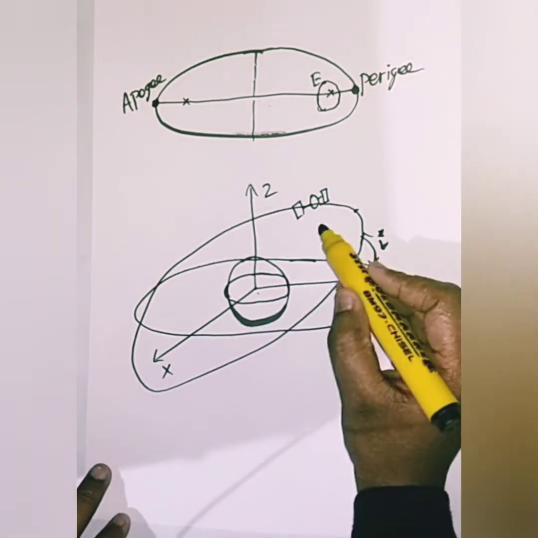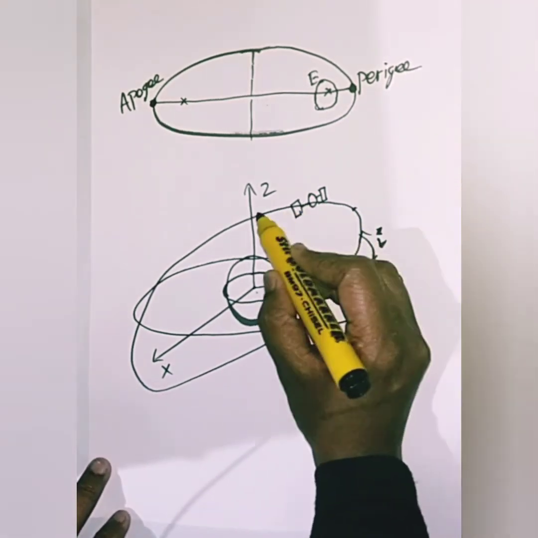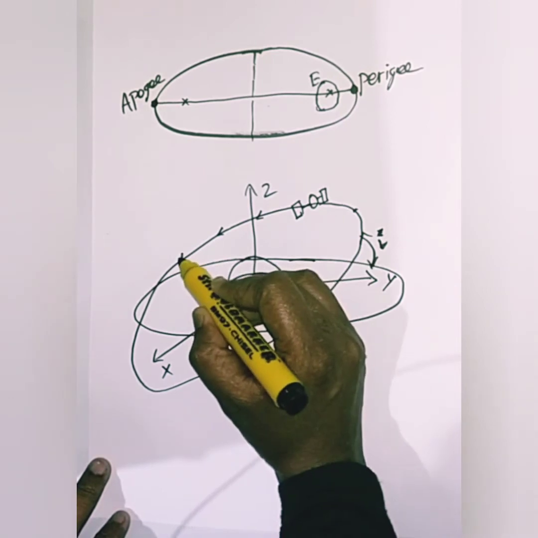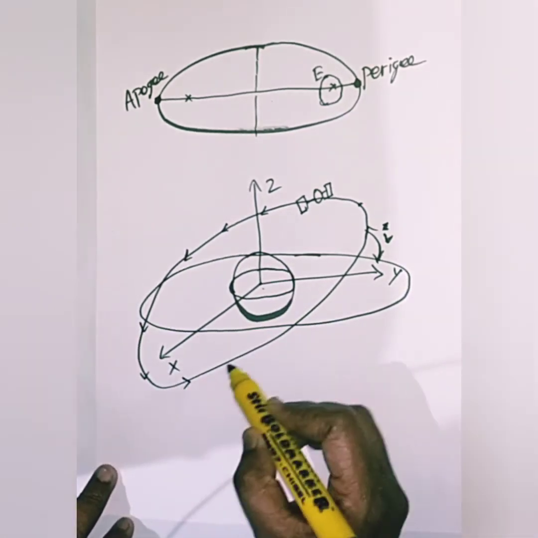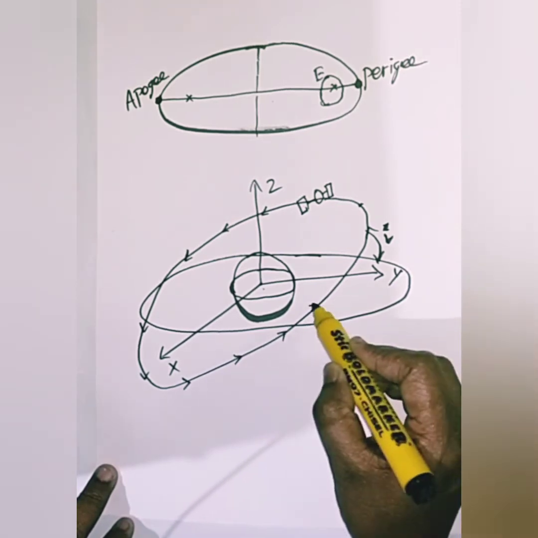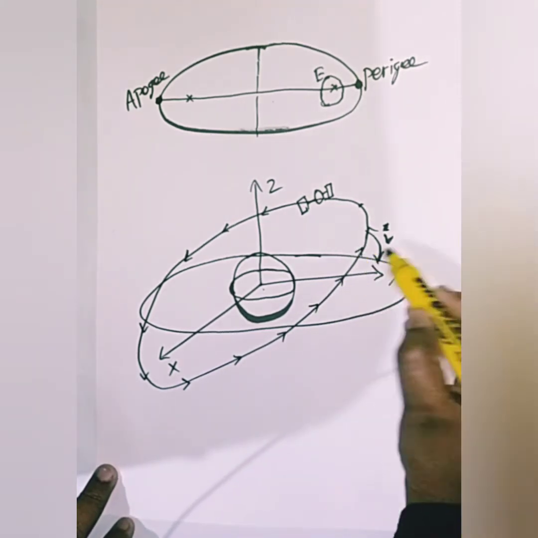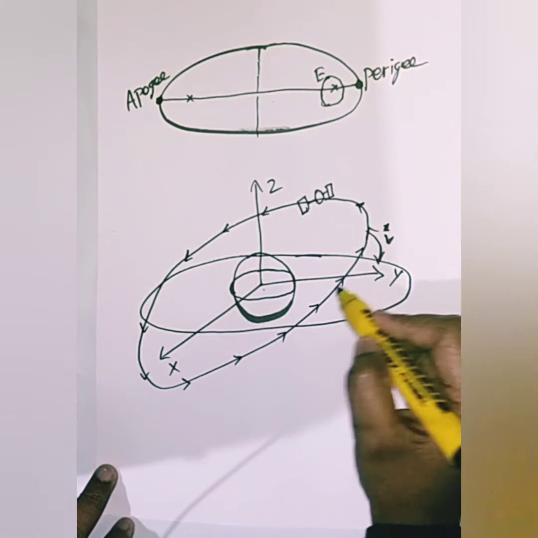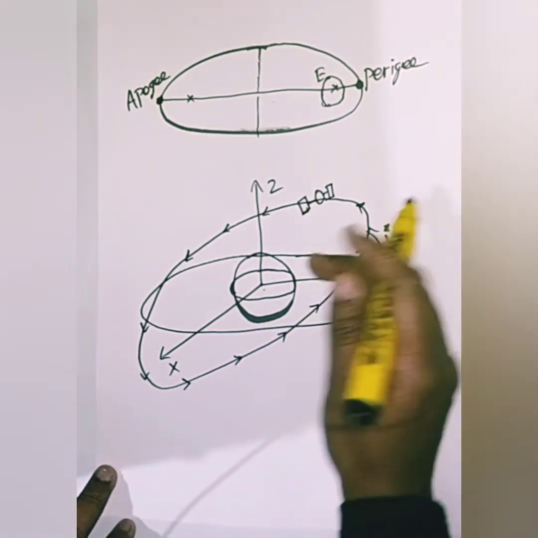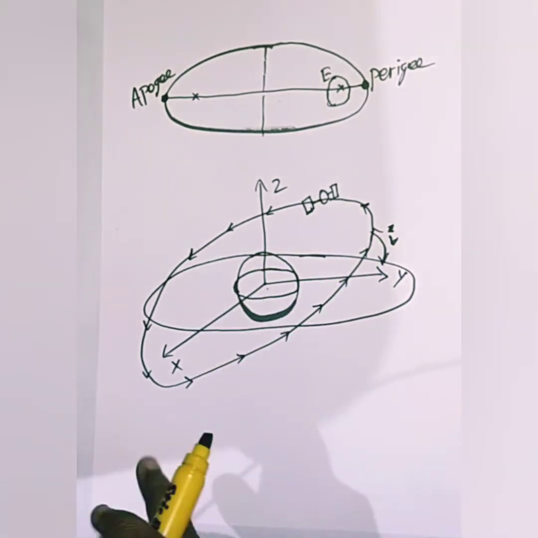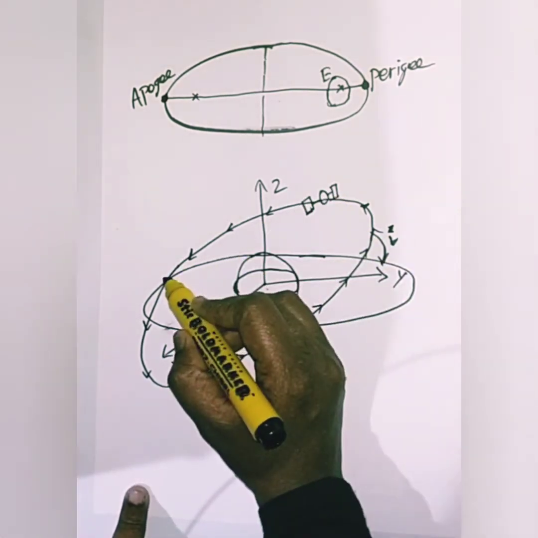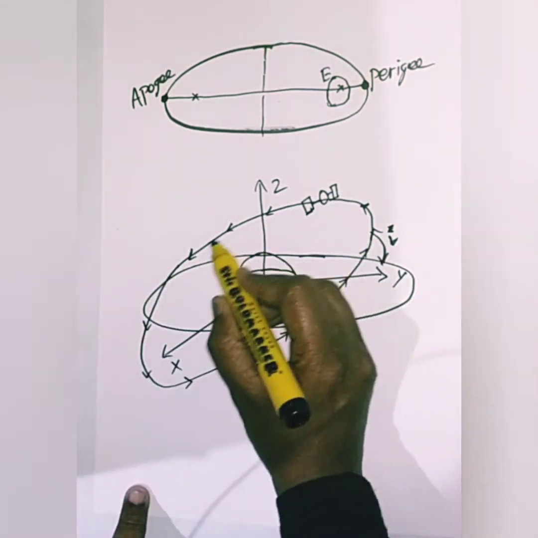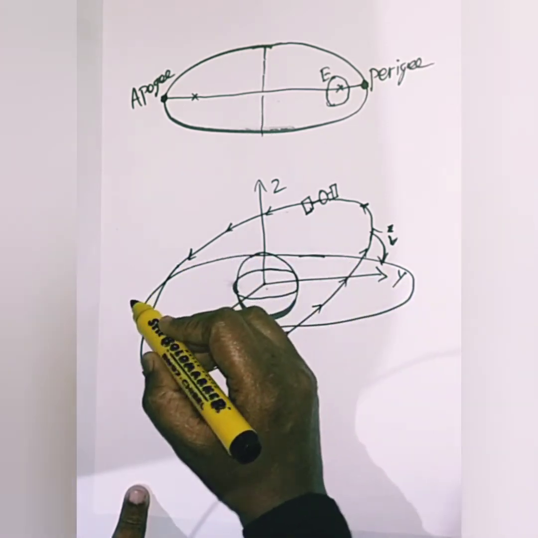Now the satellite is revolving through this orbit. It goes through this orbit like this, and again it returns back to the starting point. Now see this descending way.